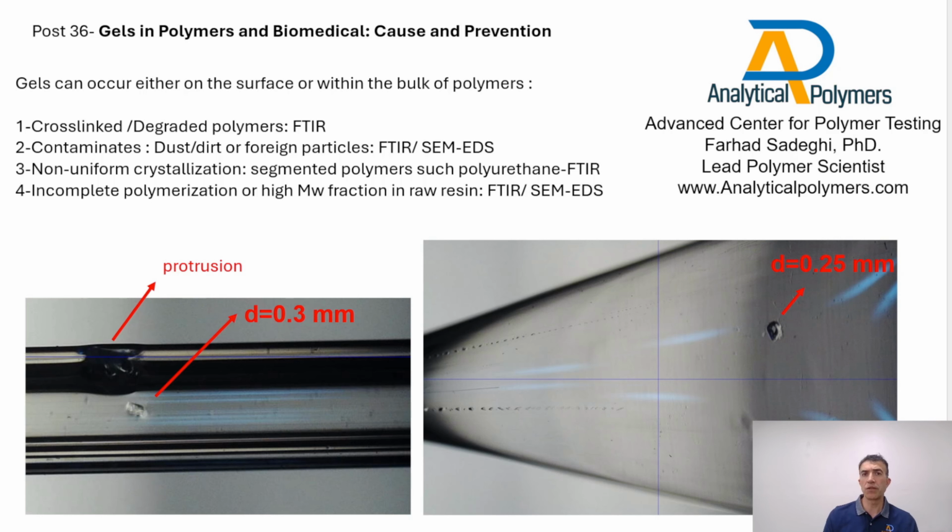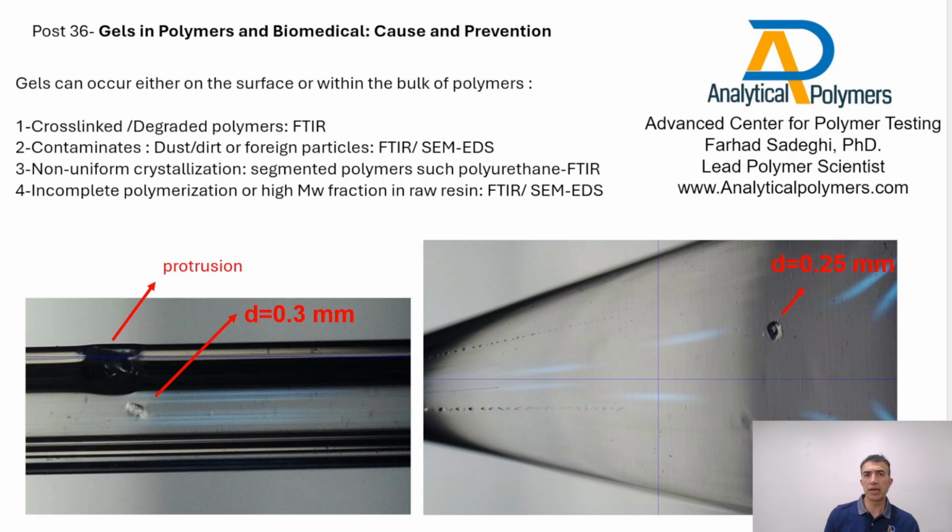Again, you can use FTIR or SEM EDS mode to identify that. When you're running SEM, make sure that in EDS mode you use point mode for your mapping system, to be able to identify whether it is dust or a metal part. The third category is non-uniform crystallization.